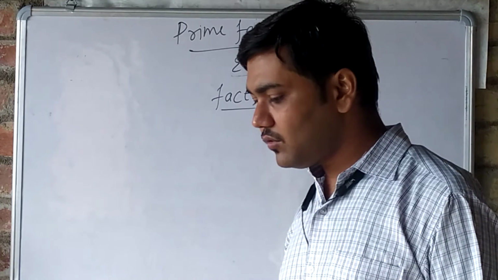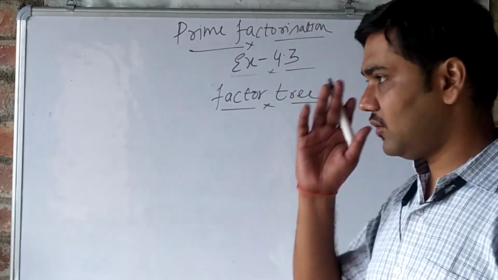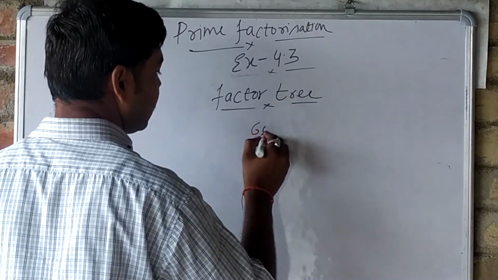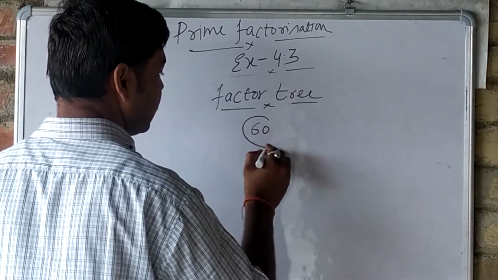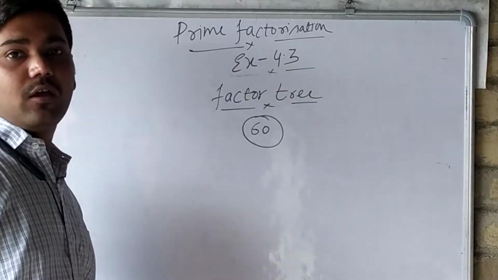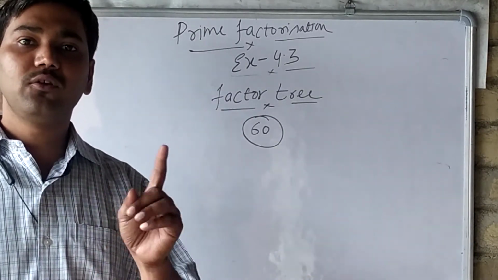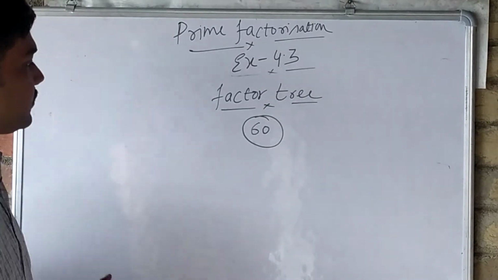What we have to do is make a factor tree. For example, let us take 60, and now we know that this 60 is divided into which two numbers: 6 into 10, 6 tens are 60.